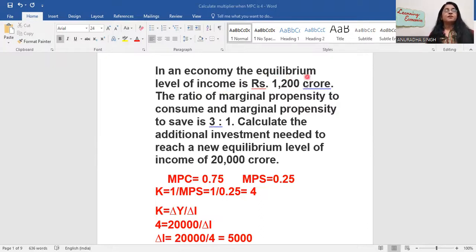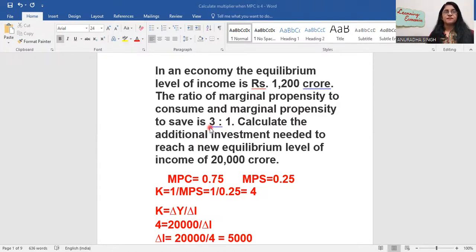In an economy, the equilibrium level of income is rupees 1200 crore. This was the equilibrium level of income. The ratio of marginal propensity to consume and marginal propensity to save is 3:1. We have done this, where we can take MPC as 75% and MPS as 25%.